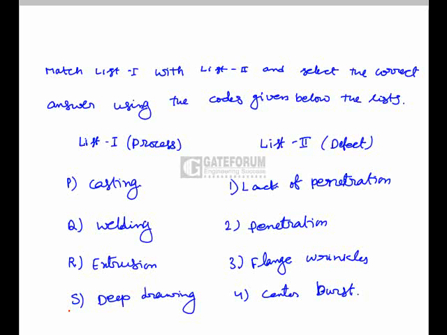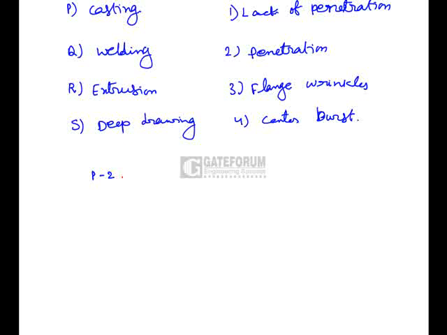Match list 1 with list 2 and select the correct answer using the codes given below the list. Here list 1 consists of different types of processes and list 2 consists of different types of defects. So here in casting, generally it relates with the defect penetration, so that here P matches with 2, and in welding the defect that generally occurs is lack of penetration, so Q matches 1.